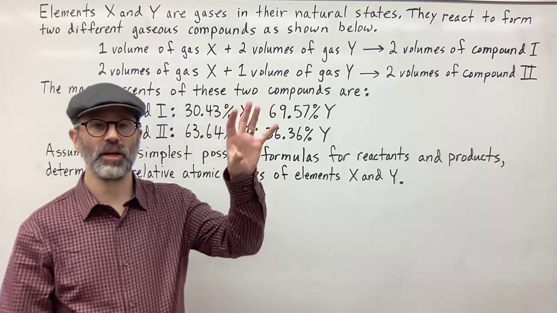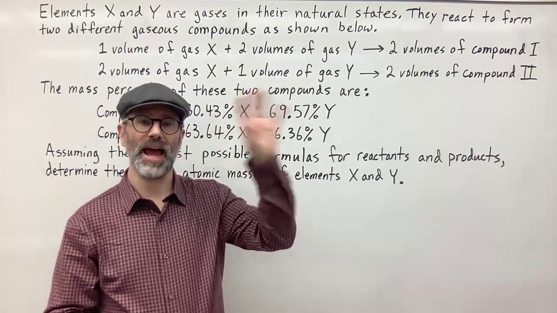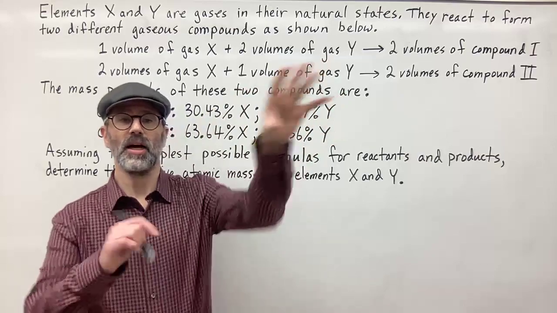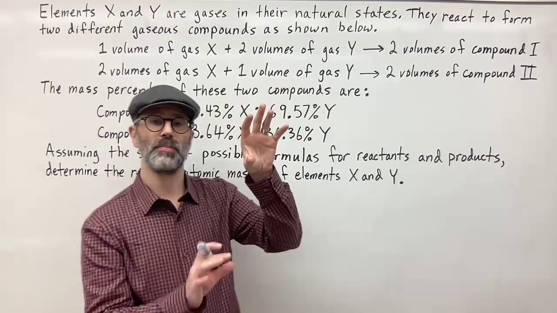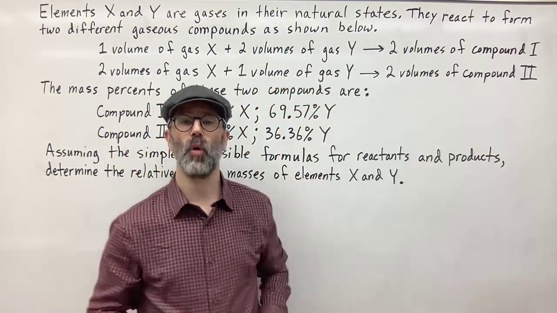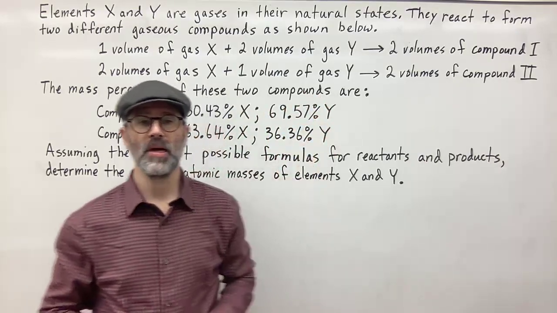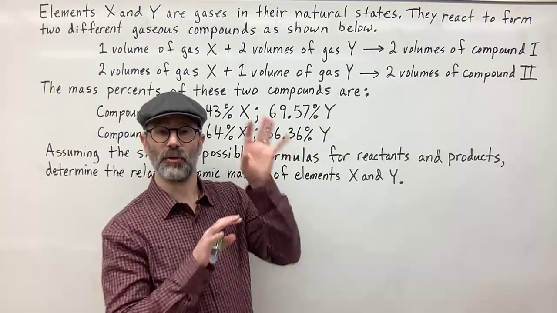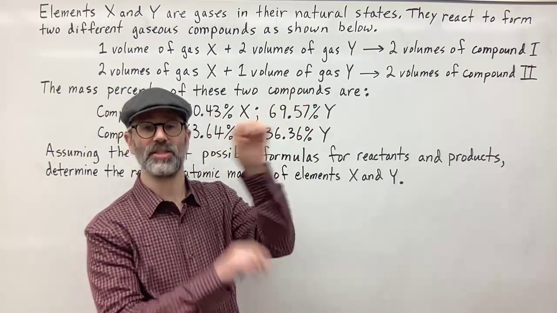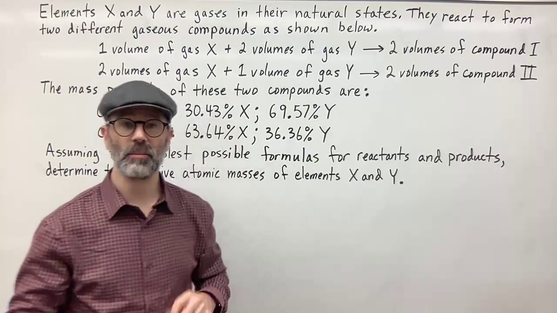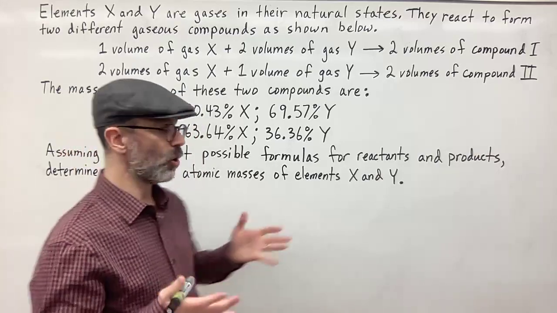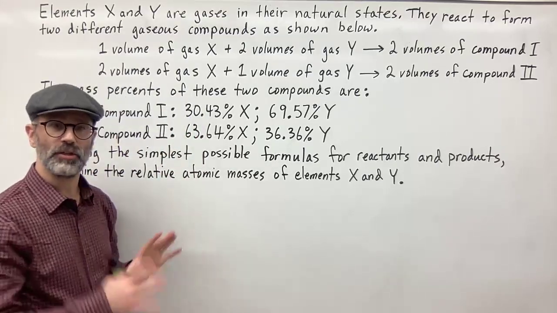For every atom of X, how does that mass compare to an atom of Y? What's the ratio of the mass of X to the mass of Y? So that's what we need to find. Okay, so let's go ahead and start to figure this out.